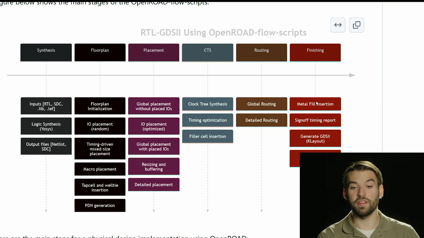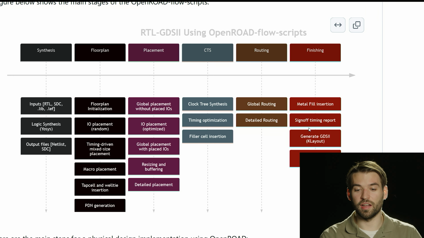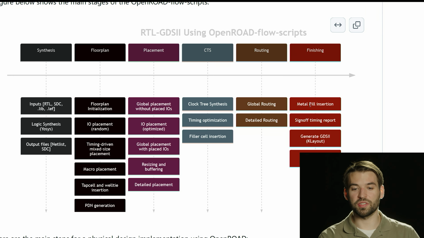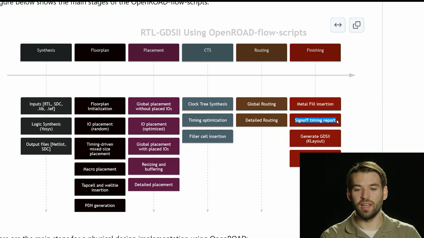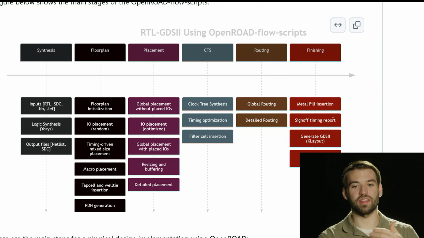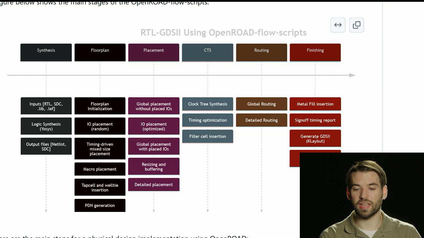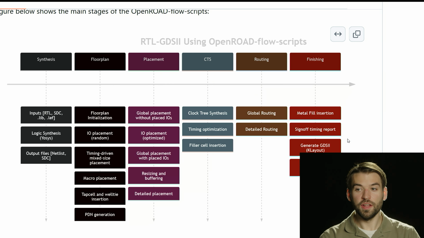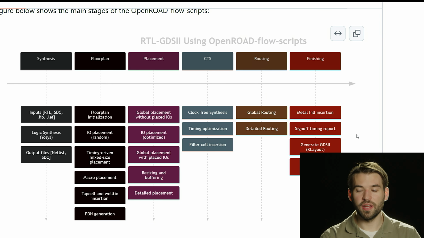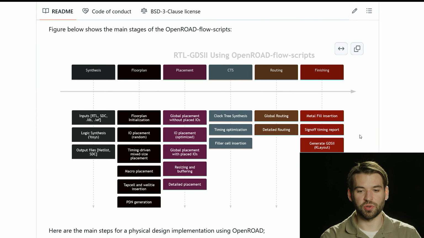Then in the finishing stage, we have a few different steps, mostly for manufacturability purposes: metal fill insertion, doing a sign-off timing report, trying to make sure that the way you've done timing analysis is accurate, and then ultimately generating that GDS2 file, the chip layout file. So that's a majority of the flow and how all the tools are orchestrated together.